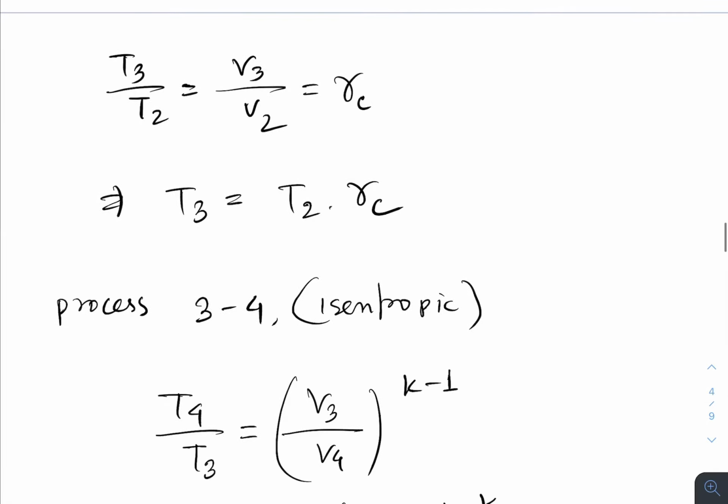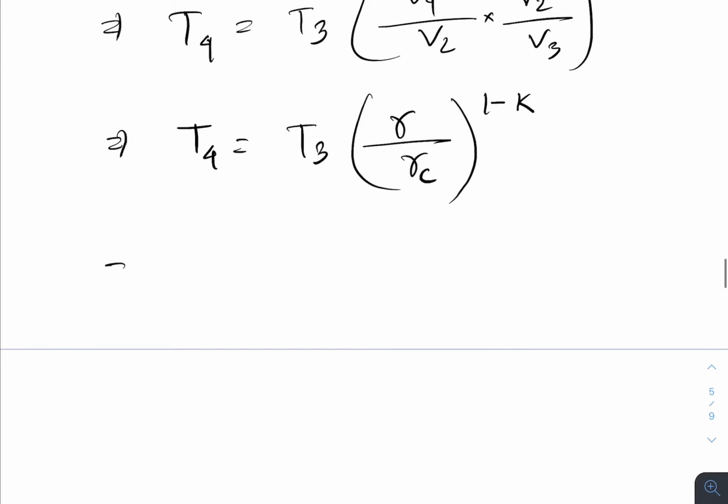So now we have the relationship for T2. We just derived the equation for T3, so let's plug in that value.